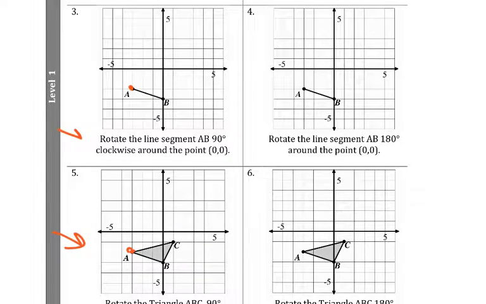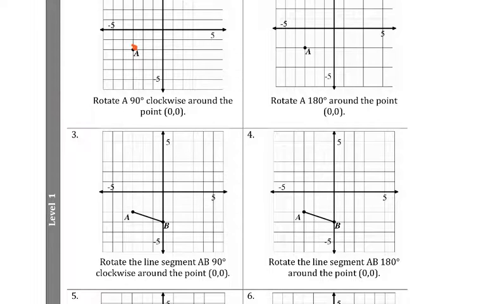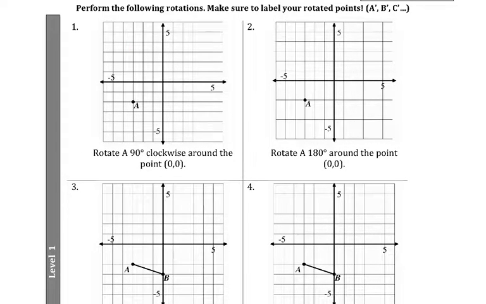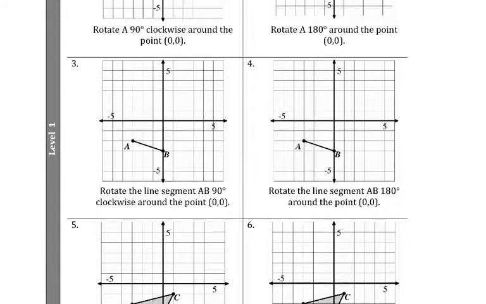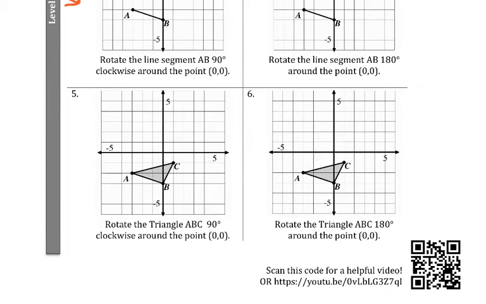What I did is I tried to take you through this step by step, and maybe this is a dumb idea. I might change it for next year. I'm not sure. But basically, I added 1 point for each row. So point A is the same, and then in this question down here, I added point B. And then those two are the same down here, points A and B, and I added point C.